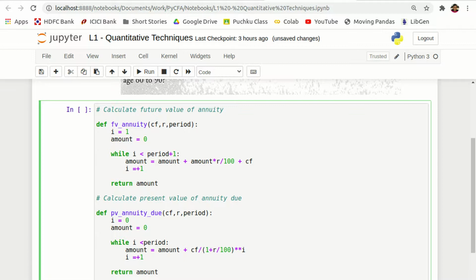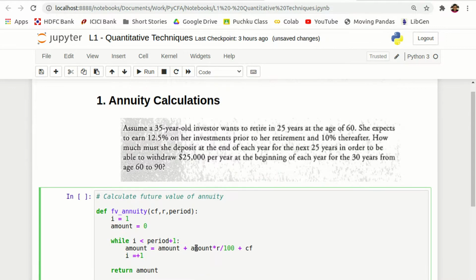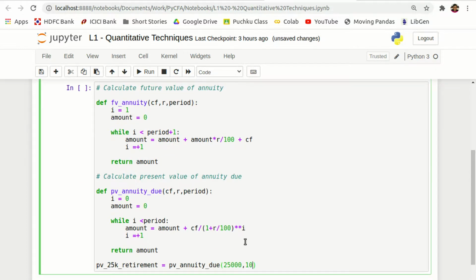It will be PV, annuity due, the function which we created. Cash flow is 25,000. The rate of interest 10%, and it's for 30 years.